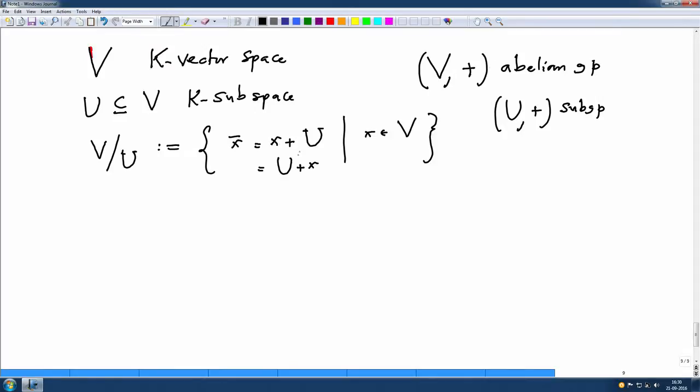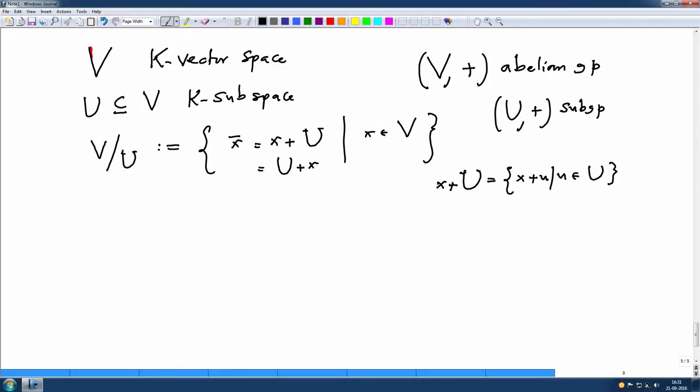So this left coset is the same as right coset, or even visibility is seen, because x plus U is by definition all those elements x plus u, where u varies in U. So this is a left coset, this is a right coset, but for any x in V, these two cosets are equal, and that I am denoting by x bar.